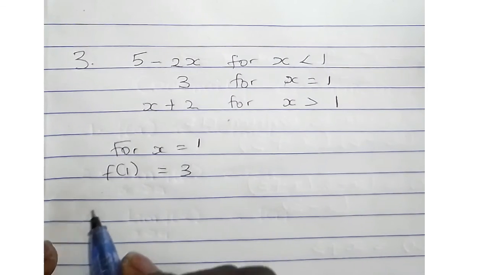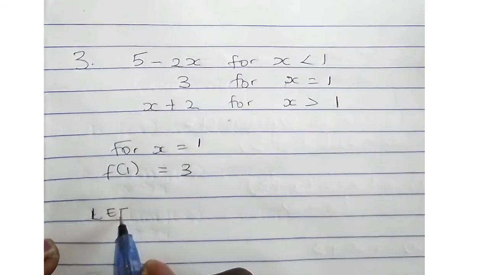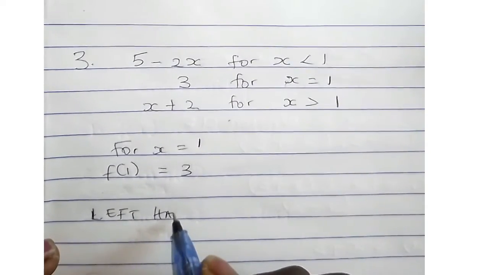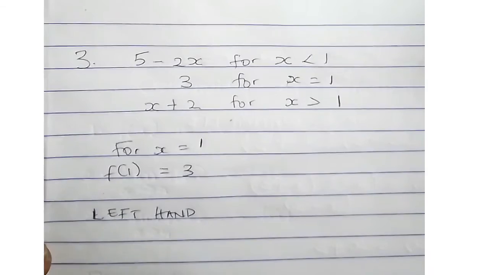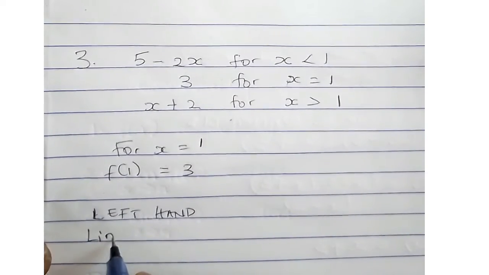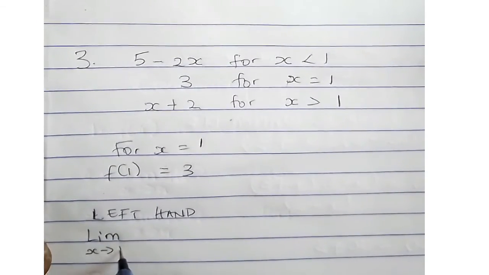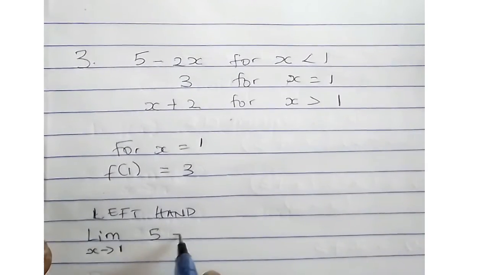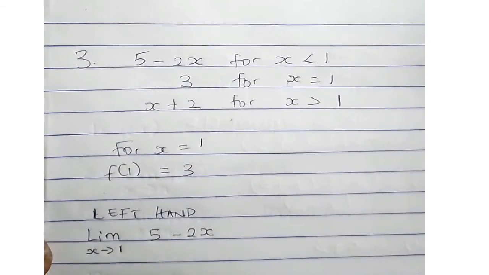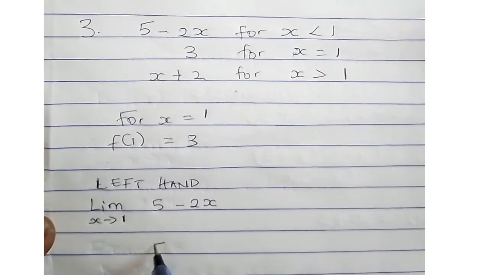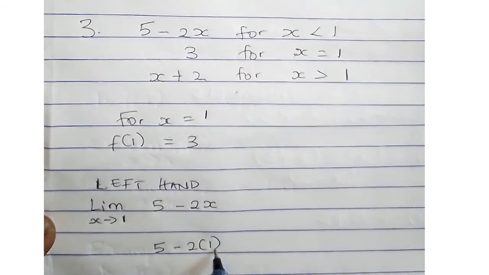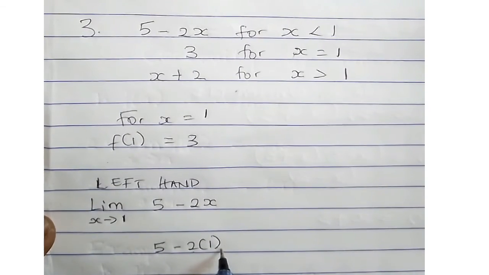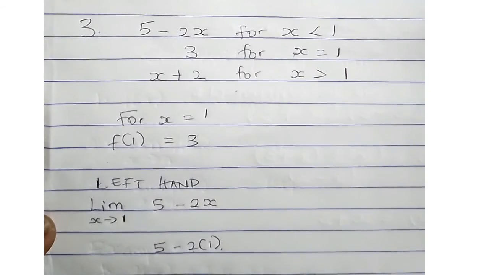Solving the limit for the left hand side, we have the limit as x approaches 1 of 5 minus 2x. Wherever we see x, we put 1, so I have 5 minus 2 times 1. 2 times 1 is 2, so 5 minus 2 is equal to 3.